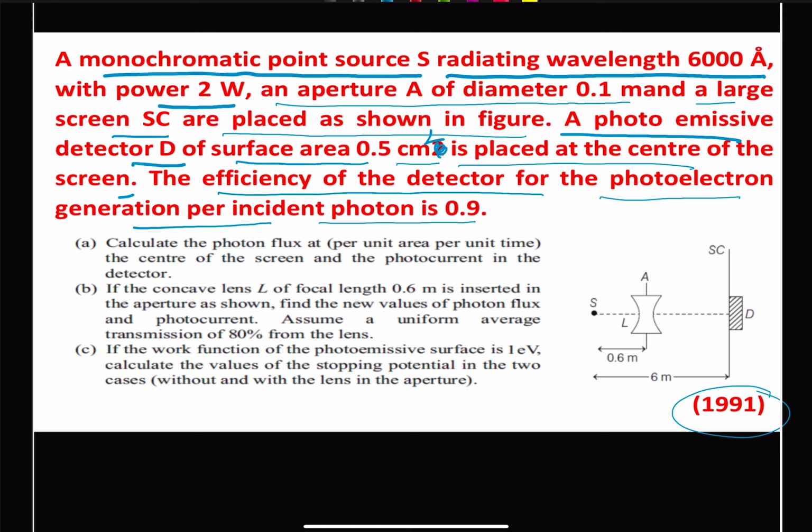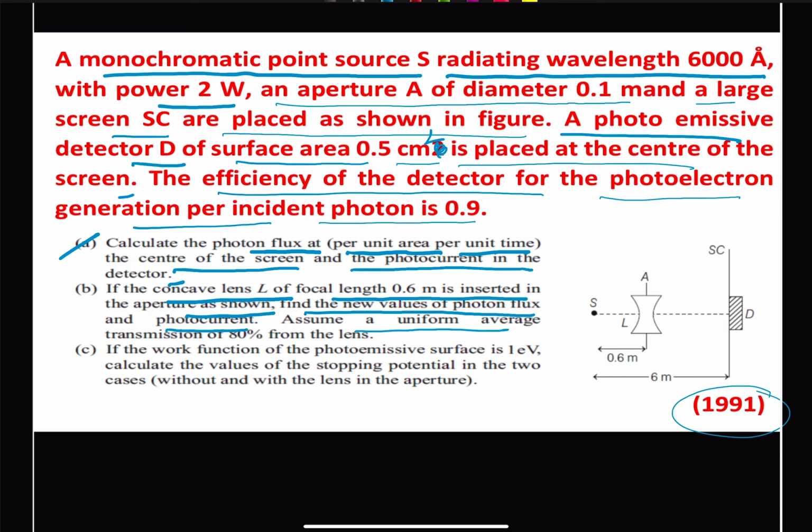So based on this, we have three questions. In part A, calculate the photon flux, that is per unit area per unit time, at the center of the screen, and the photocurrent in the detector. Part B, if a convex lens L of focal length 0.6 meter is inserted in the aperture section as shown, find the new values of photon flux and photocurrent.